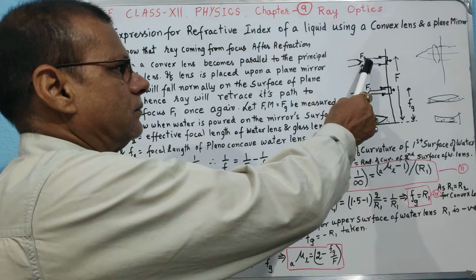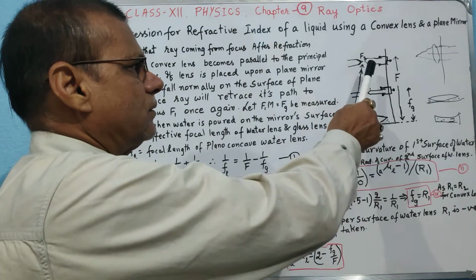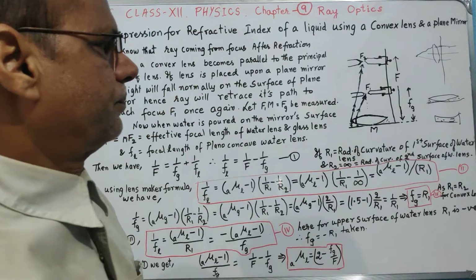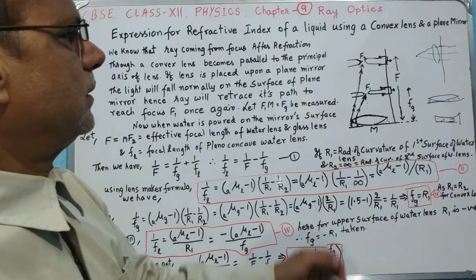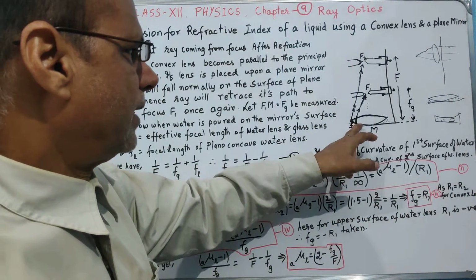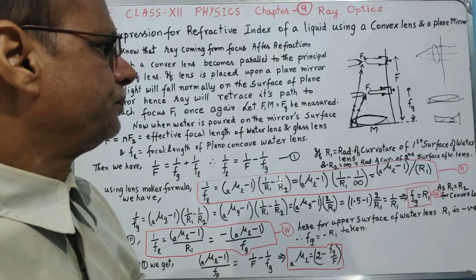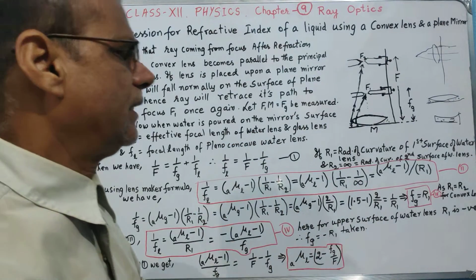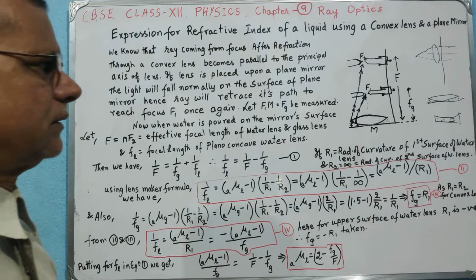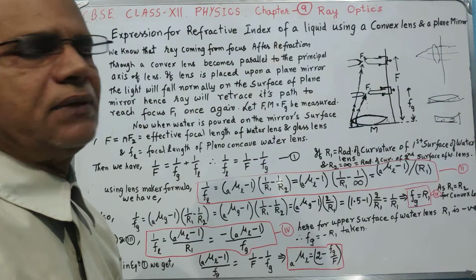And so that position of the pin where parallax is removed, the height of that pin from the mirror surface will be equal to the equivalent focal length of the combination of the water lens and the glass convex lens. So bearing all these things in mind, we will proceed to do the mathematical work to find the expression for the refractive index of water.